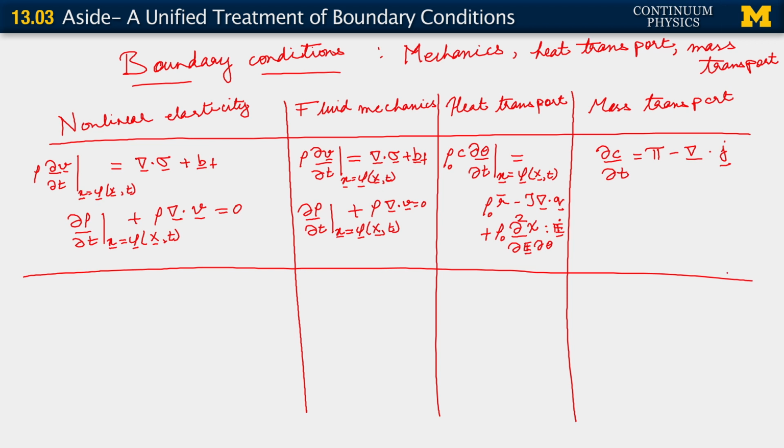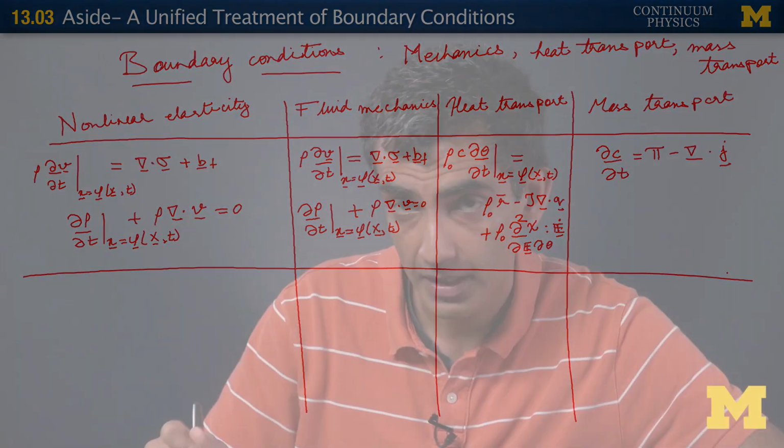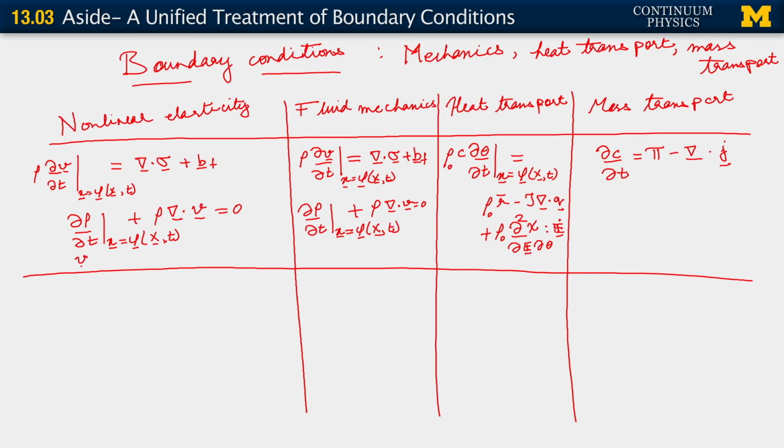Now I'm going to start out by writing the boundary condition on the primary variable. Okay, in the case of nonlinear elasticity, though we've written the velocity as our primary variable, we know that we also say that the velocity is the partial time derivative of the displacement u, which is parameterized as a function of reference configuration and time, so that partial time derivative is the same as the material time derivative.